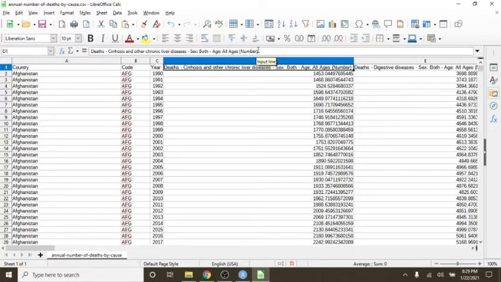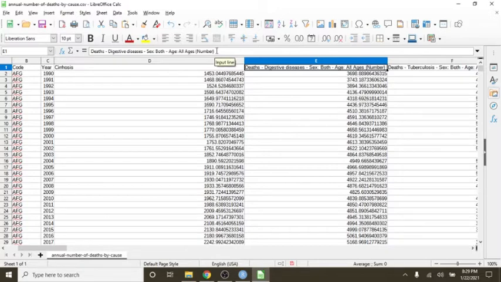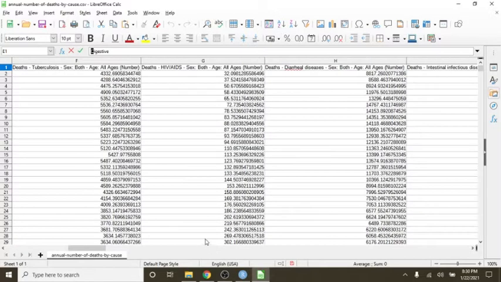Next we've got cirrhosis of the liver. I'm just going to leave this as cirrhosis. By cleaning up the columns once again, it's going to save a little time in R. Also, any wrangling you can do to reduce the amount of data you're importing is going to save you memory.